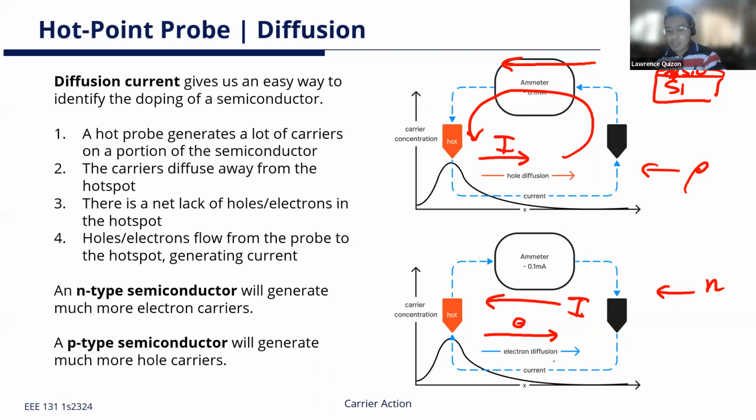So this current is going that way, meaning it's going to ride up your probe and go through your ammeter, to short circuit around. And your ammeter will say the reading is positive 0.1. And that's how you're able to tell between a p-type and an n-type semiconductor.